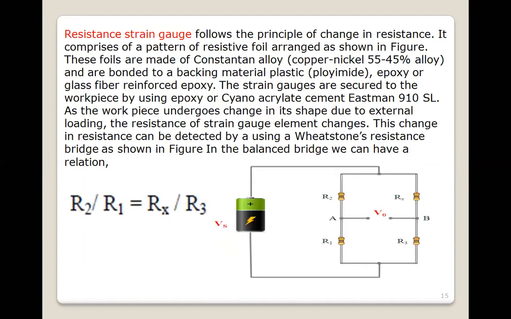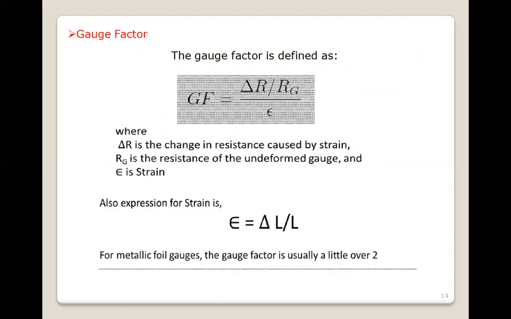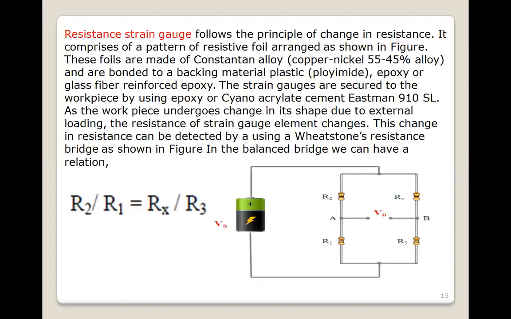Okay, and another type of strain gauge is the resistance type of strain gauge. So the working principle of the resistance type of strain gauge is the change in the resistance. That means it comprises a pattern of resistive foil arranged as shown in the figure. जो यहाँ पे फिगर दिया हुआ है, इसमें इस तरह से रेजिस्टेंस को अरेंज किया गया है.